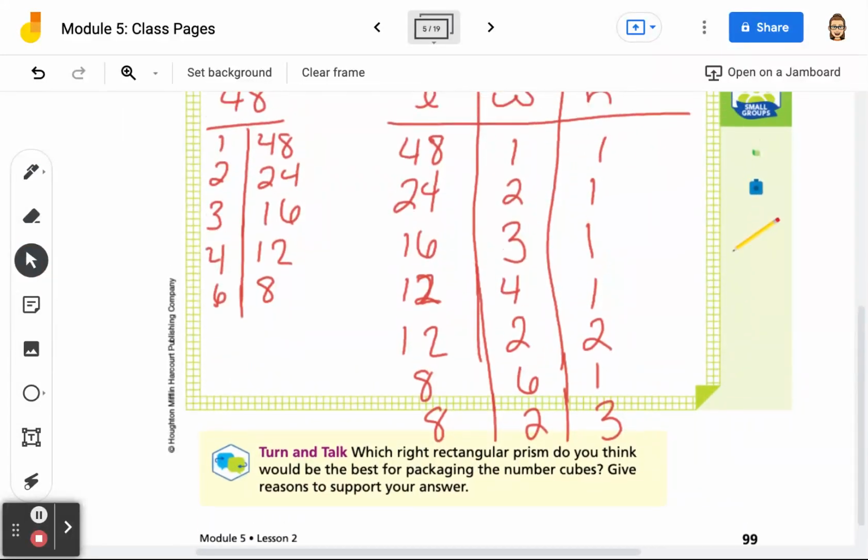If I break apart my 16, I'm trying to figure out the best way. Okay, so if we go back, so let's see. If I put 6 here, so we work our way back up. If I have 6, I could do 8 and 1, but I already have that. But then in order to get 8, I can get 4 and 2.